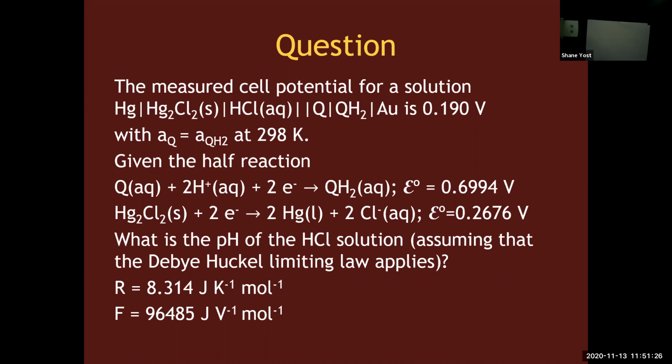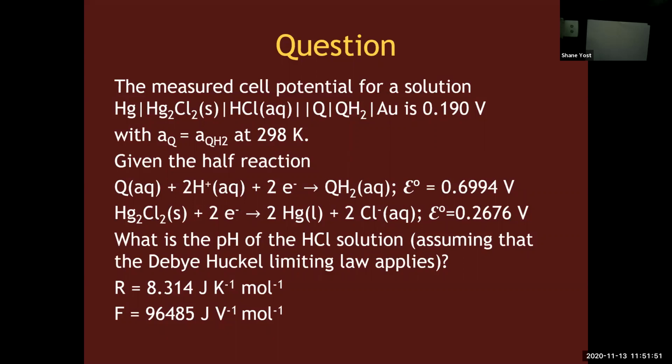All right. So let's talk about a little bit more of an involved question here. I have the following electrochemical cell shown there. For this system, Q and QH2 have equal activities, equal concentrations at 298 Kelvin.